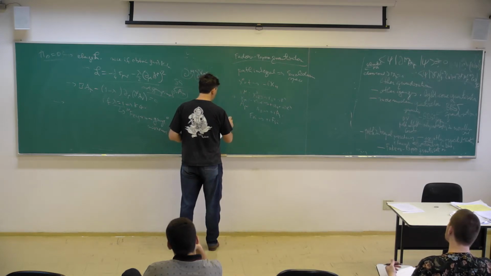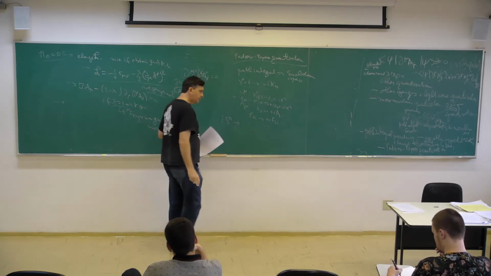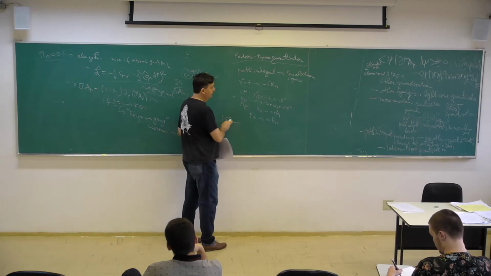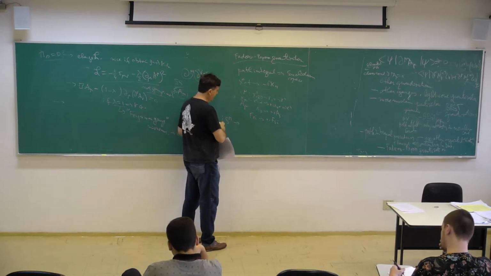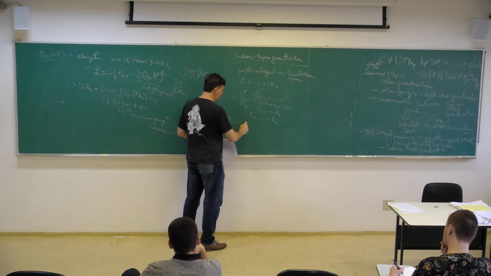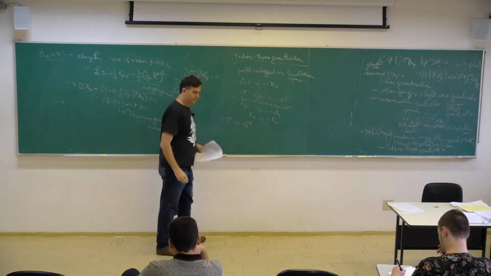Then we saw that the point of the Wick rotation was that i times the Minkowski space action is Wick rotated to minus the Euclidean action, right?